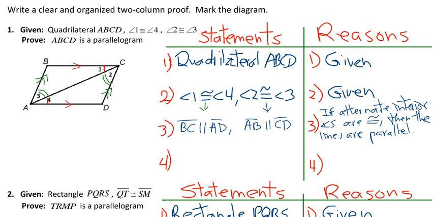And finally, since we have both pairs of opposite sides parallel, we will conclude that ABCD is a parallelogram. So ABCD is a parallelogram.